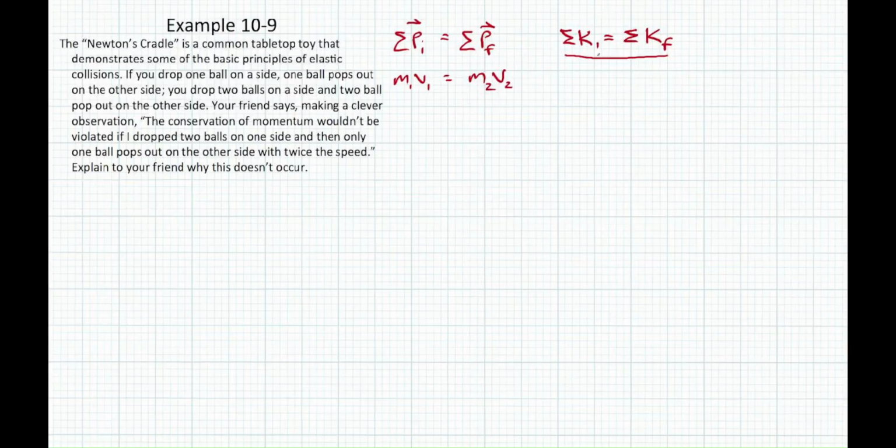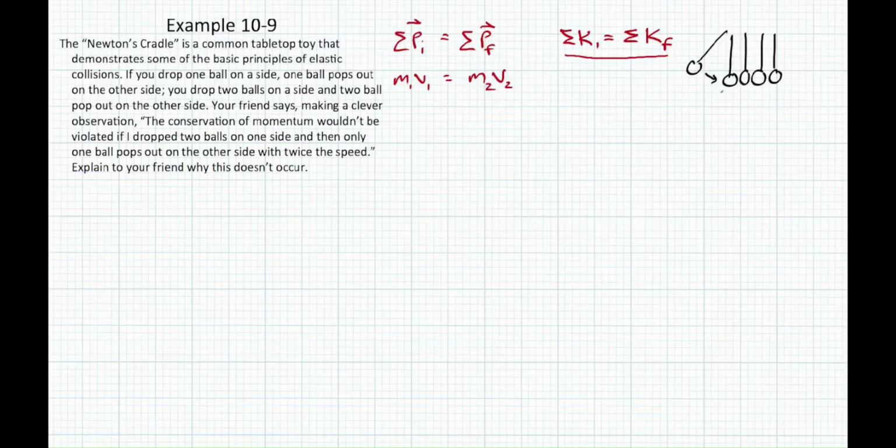So this example right here, I asked you to look at it last night. Well, many of you, I asked you to look at it last night. And I'd like you to be able to put this into your own words. We have what's called a Newton's cradle, and I think we've all seen these before. Here we have a series of ball bearings suspended on strings, and one is pulled back and let go.